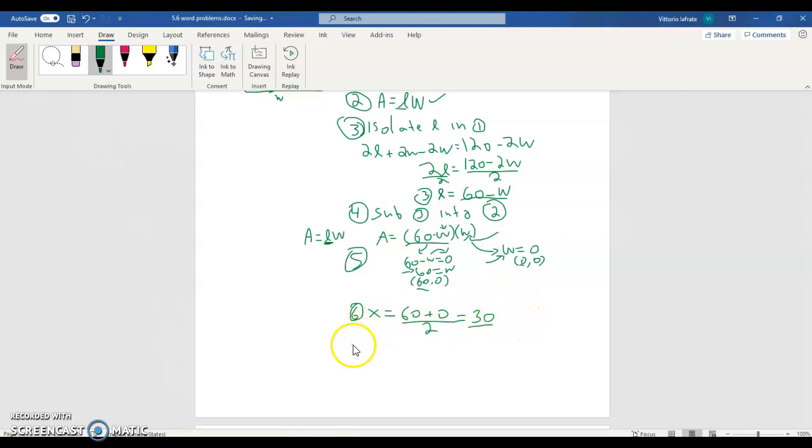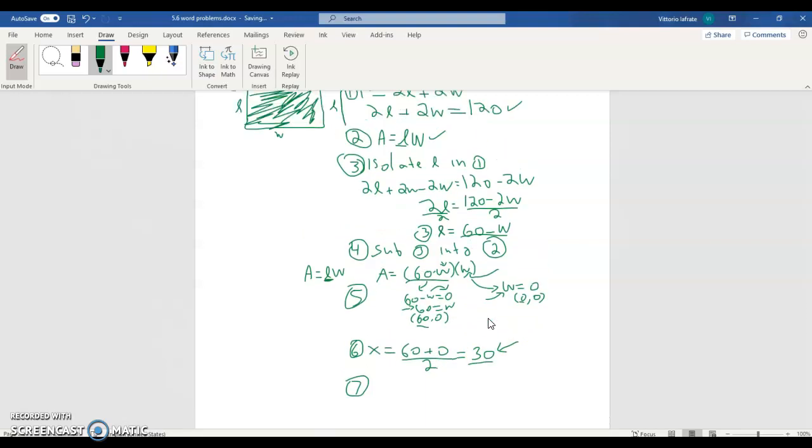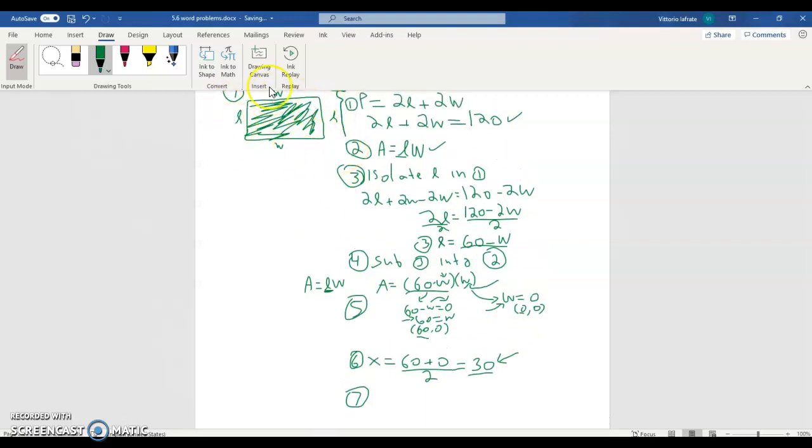And so now what we can do is plug this x value into our equation. This is the width at which you have the maximum surface area, in other words. So at a width of 30, you've maximized the surface area for a fence that has 4 sides to it.